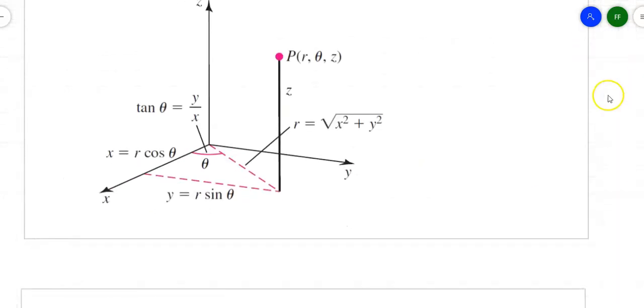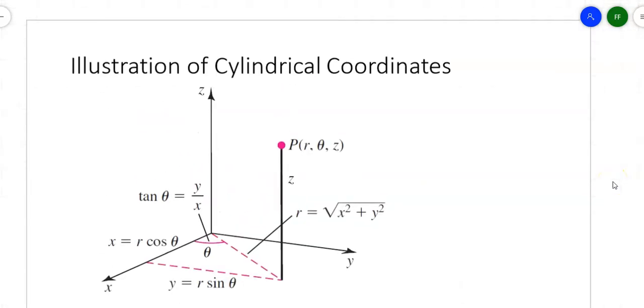All right, here's another illustration of what cylindrical coordinates look like. You've got a point in space that has a radius, a theta, and a z value, right? How far is it up along the z-axis? Down the bottom, you'll see where that theta comes from. That theta is the angle that it makes with the positive x-axis. So here's the positive x-axis.